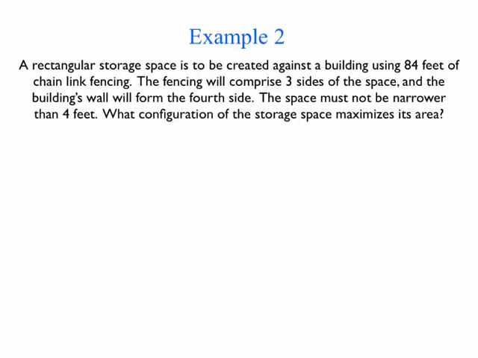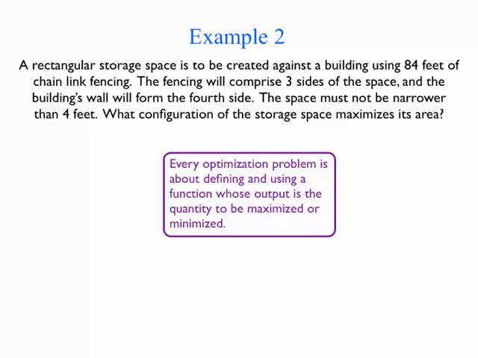What are we trying to maximize or minimize? Area. So we need a function whose output is area. Everything in this solution will revolve around a function whose output is area. We need to get that function in one variable, and we need to get the applicable domain of that function.